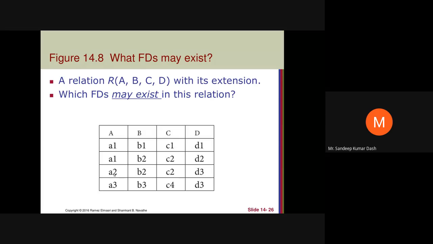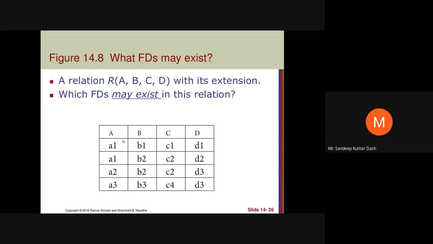D3 is repeated, but these are not the same, so D and A also is not valid. Now any other single one, B and D also is not possible, C and A also is not possible.